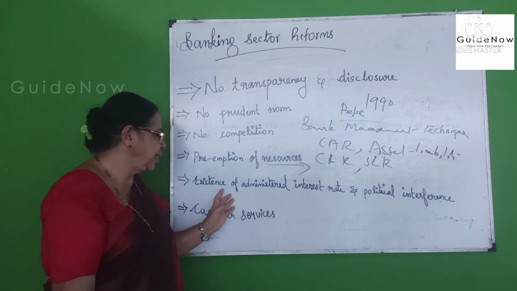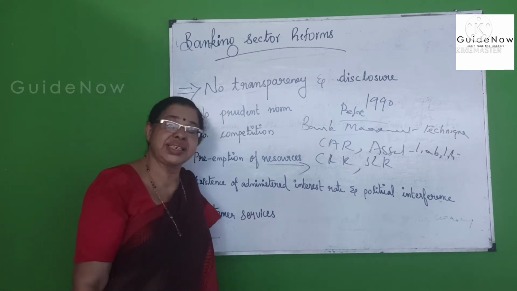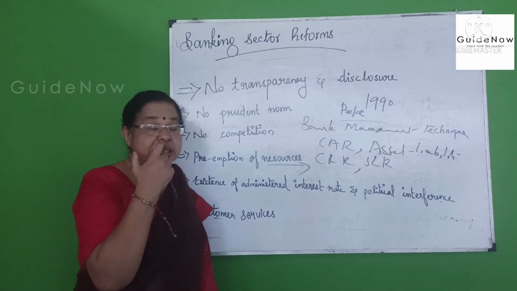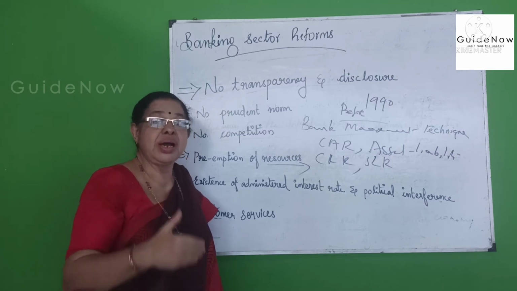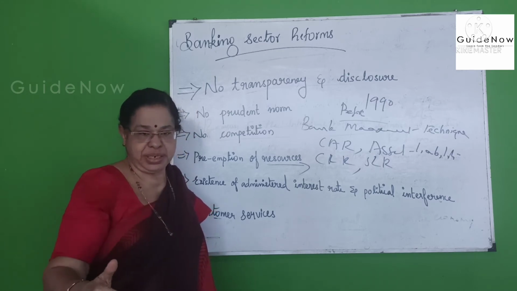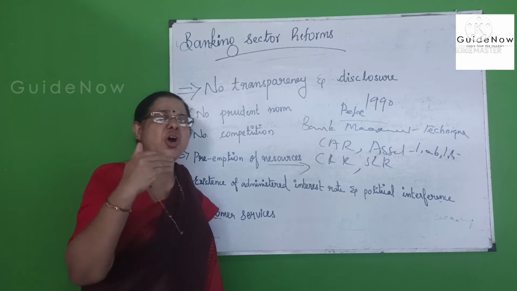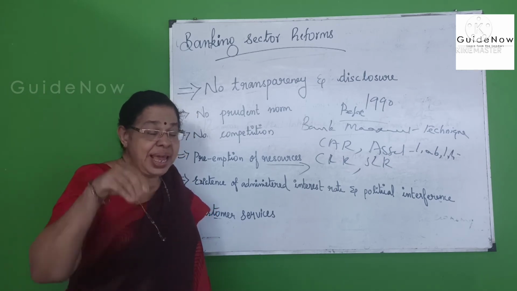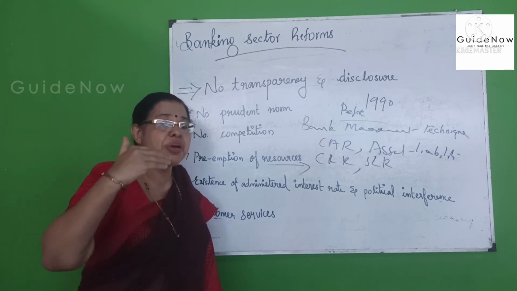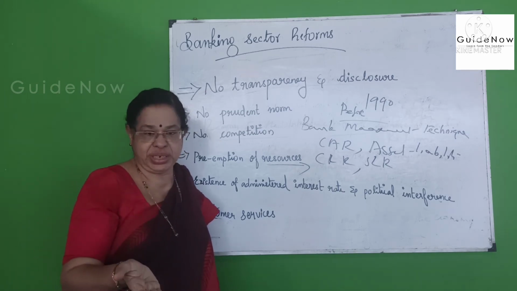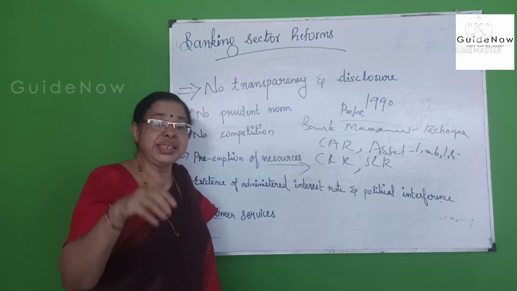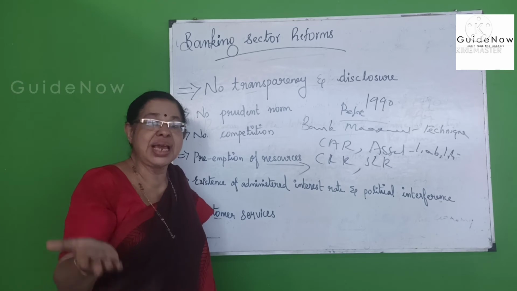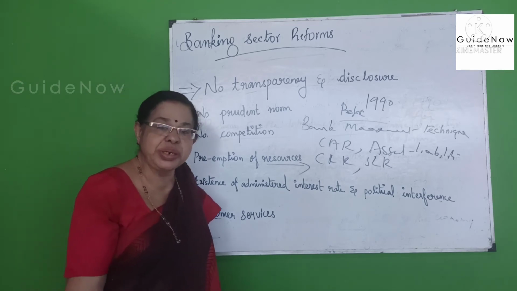And fifth is the existence of administered interest rates and political interference. It shows that interest rates are fixed by the government according to its policies and norms. The policies and norms taken by the government do not consider profitability, only the policies. The government's purpose is not making profit. In that case, the interest rate fixed according to government norms and policies adversely affects the profitability of the bank.